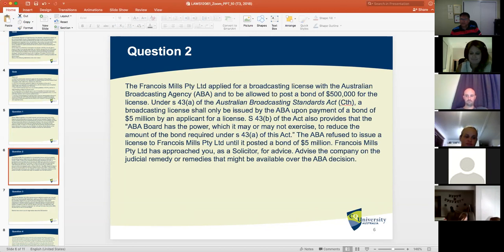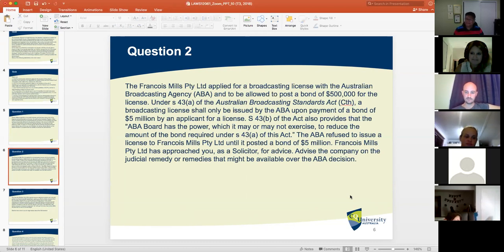Okay. What do people think? Advise the company of the judicial remedy or remedies that might be available over the ABA decision. I had a go at this one earlier, and I'm confused.